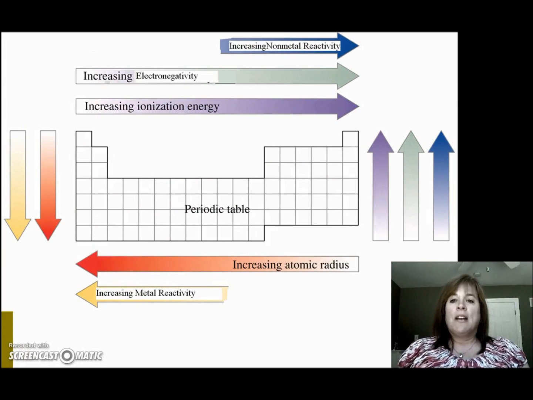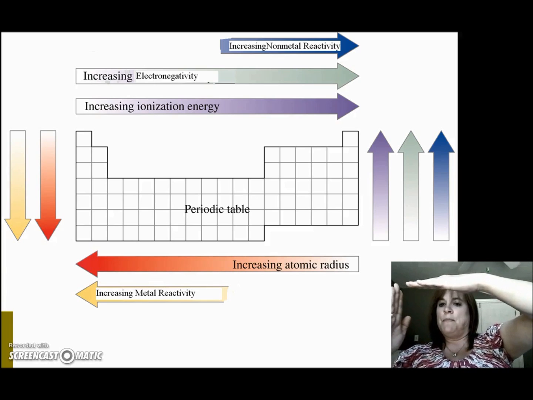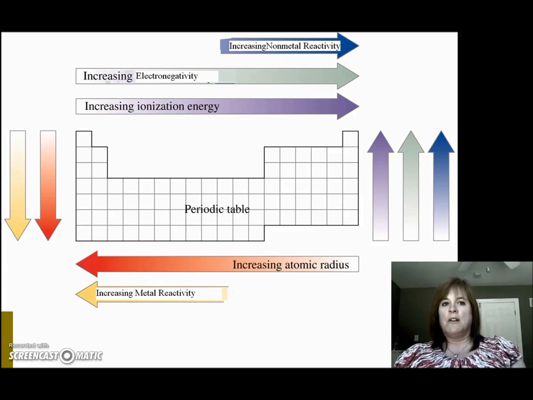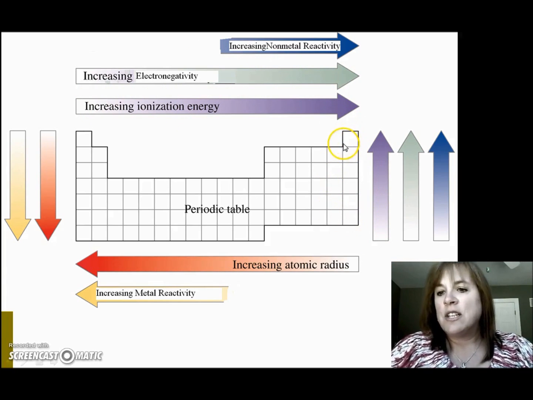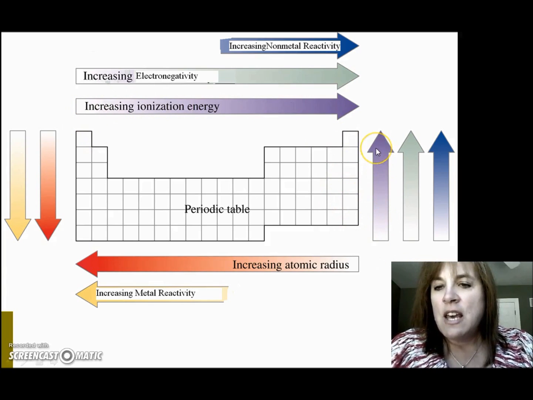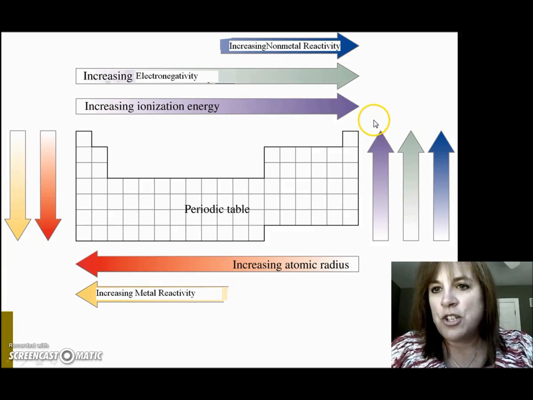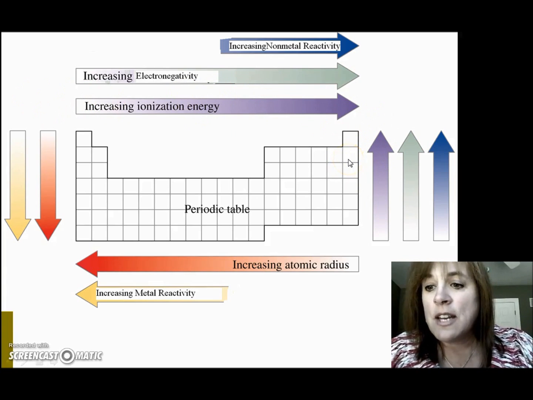All right, so on your periodic table, this is what I want you to do. I want you to make these arrows. So up at this top corner in the periodic table, we have increasing ionization energy. So this one actually does include column 8, our noble gases. So make arrows that point up to the top corner and write increasing ionization energy, increasing electronegativity.